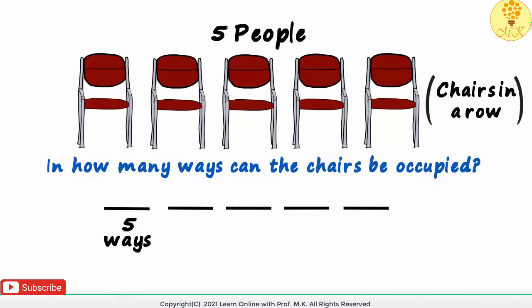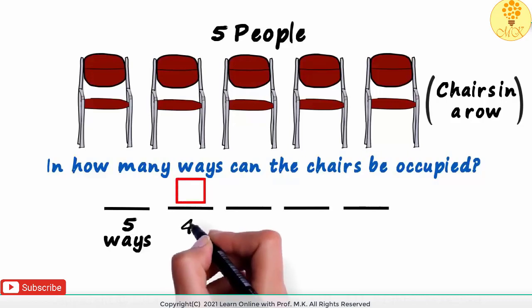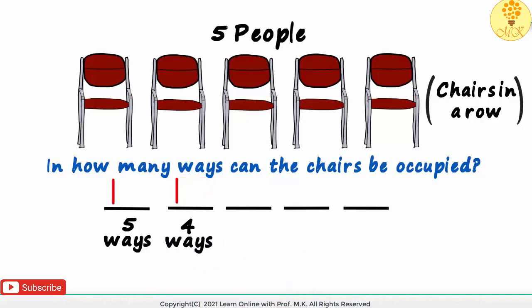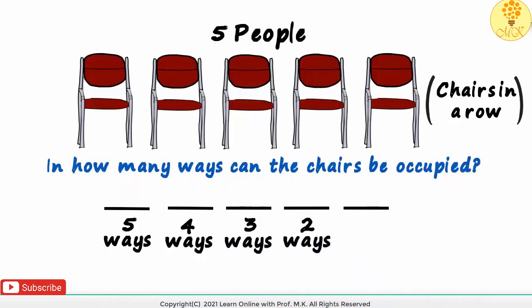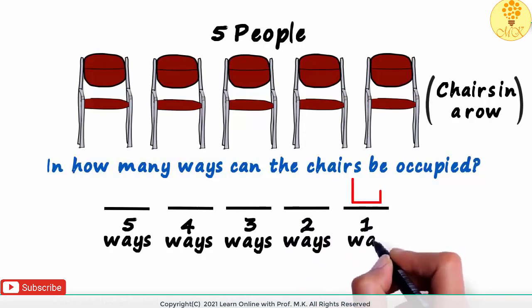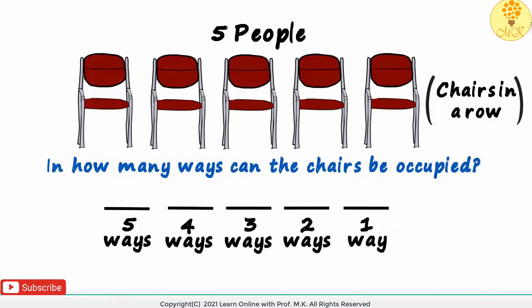As there are 4 people remaining, one of those 4 can be seated on the second chair. The second chair can be occupied in 4 ways. Once these 2 chairs are occupied, the third one can be occupied in 3 ways. And similarly, 2 ways for the 4th chair and just 1 person remains for the 5th one. 1 way in which the 5th chair can be occupied if 4 people are seated in the initial 4.